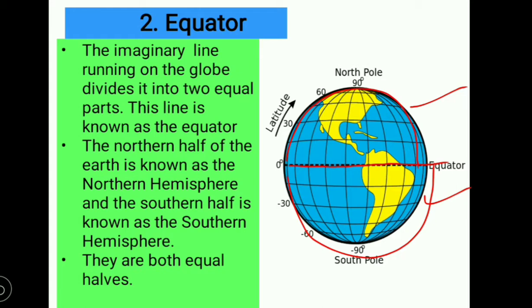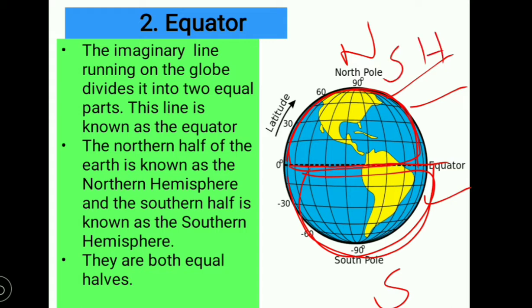The northern half of the earth is known as the northern hemisphere, and the southern half portion is called the southern hemisphere. This is the southern hemisphere and this is the northern hemisphere.